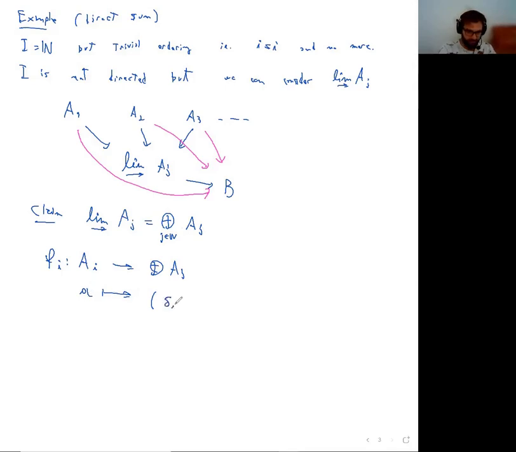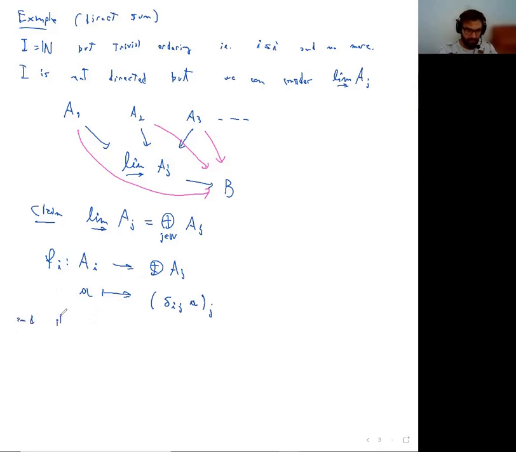So I'm going to write it like this. This is 0 if i is different from j, but if i is equal to j, then we put a. So it's simply how you would imagine the embedding of one factor into the sum. Just a complicated way to write it.